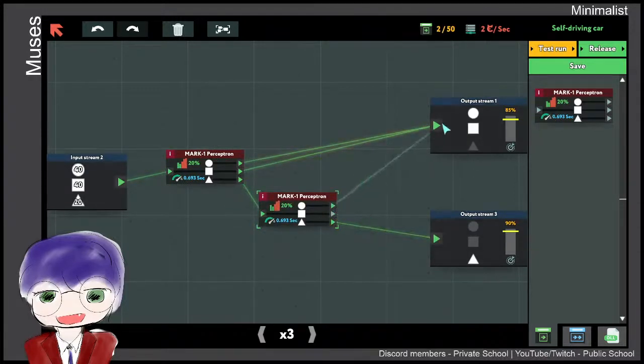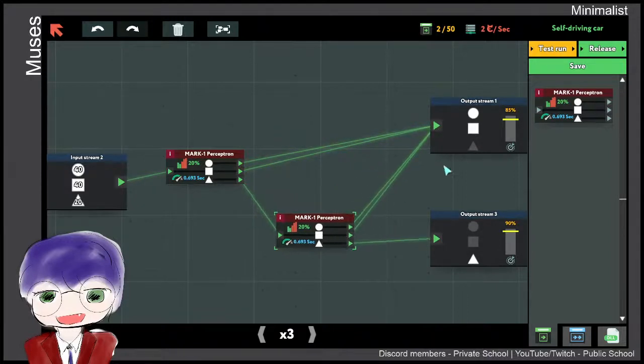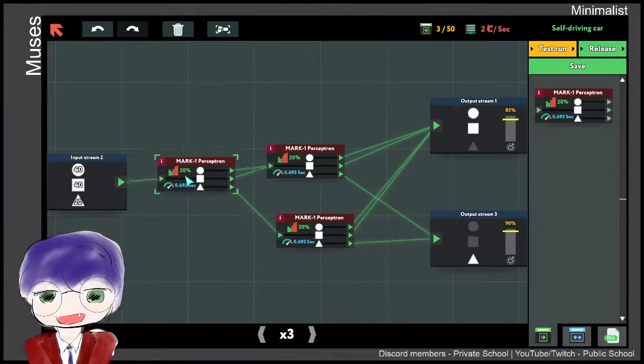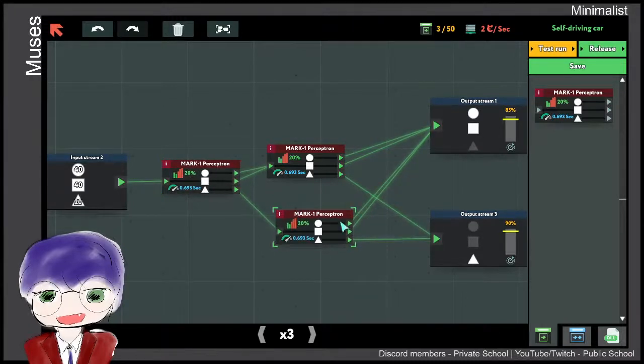So that's what we have to do here. We have to make sure that all of our triangles, let's add a little YOLO. There we go. So this means that 20% of 20% of the errors goes through, and that's essentially 4% of the error. Are we clear on how it got 20% of 20%? 20% of things that come out of the triangle thing are not going to be triangles.